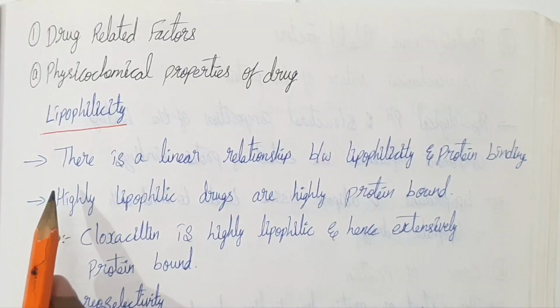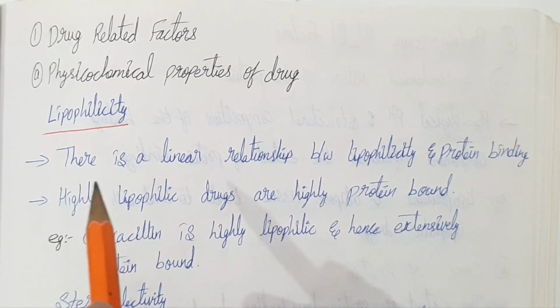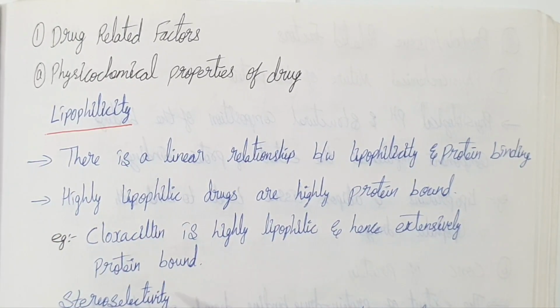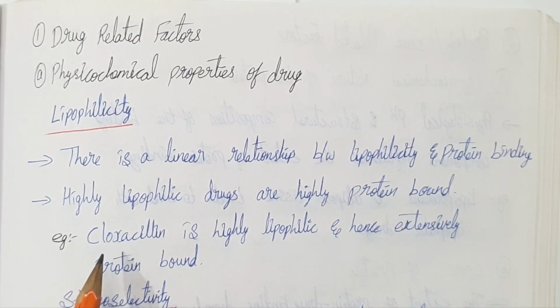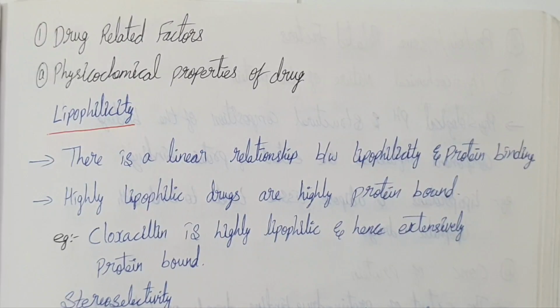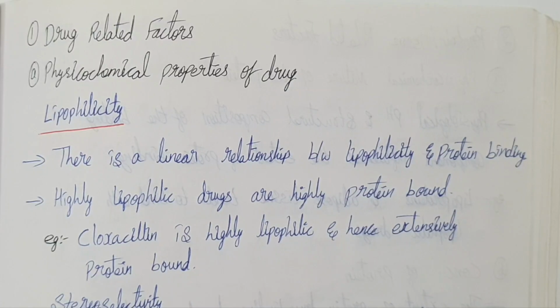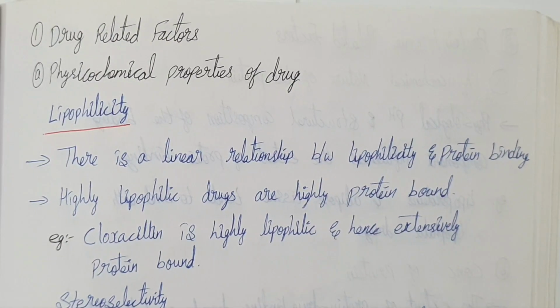First one we have lipophilic. Highly lipophilic drugs bind strongly to proteins. Example, cloxacillin is highly lipophilic and hence extensively bound to protein. So the more lipophilic, the higher the protein binding.